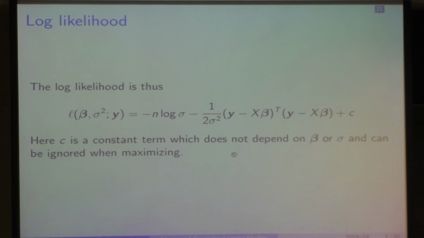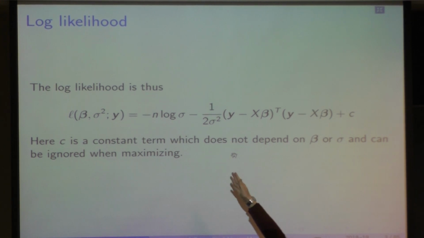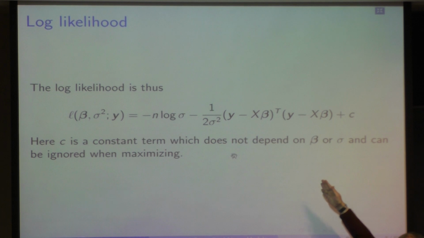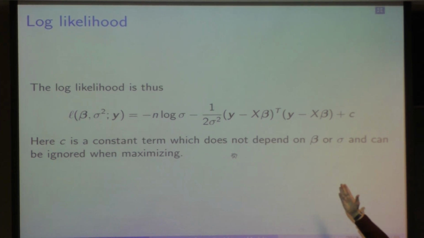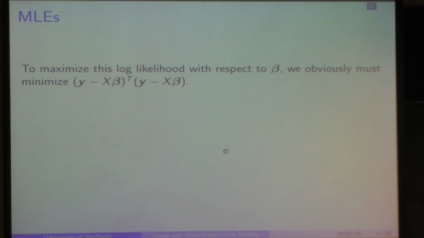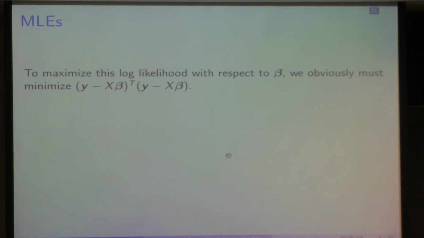We're maximising the likelihood, there's a minus sign there, so maximising the likelihood is going to involve minimising this sum of squares term. So it turns out that because we've assumed that our random variables have normal distributions, maximum likelihood estimation comes down to the same thing as least squares estimation as far as the beta terms are concerned.